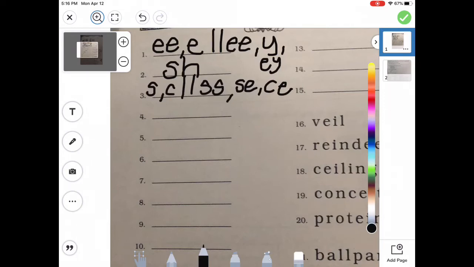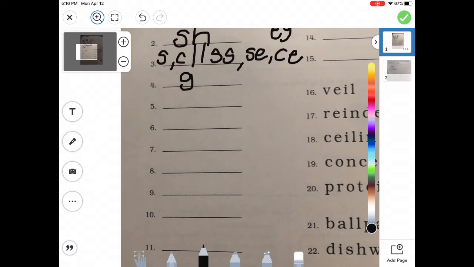All right, what if I want to spell the G sound? That's right, G. How about this one? J sound. It can be J and G, and what can it be at the end? Remember, it can be D-G-E, or it can be G-E. We're never going to have that J by itself at the end.